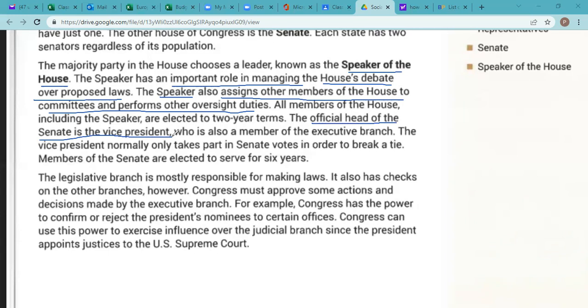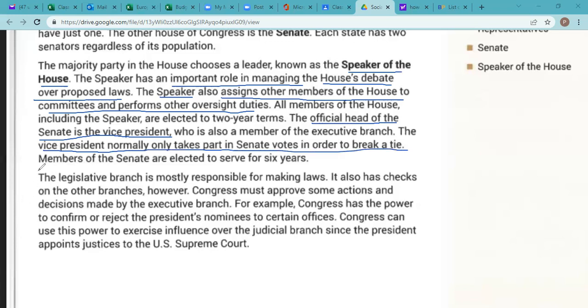But if there is ever a decision that needs to be made because there is a tie in the Senate, or maybe even the House of Representatives, primarily the Senate, then the Vice President would have to come in and make that decision for the tie. And that has happened before in the past. So the Vice President normally only takes part in the Senate votes in order to break a tie.